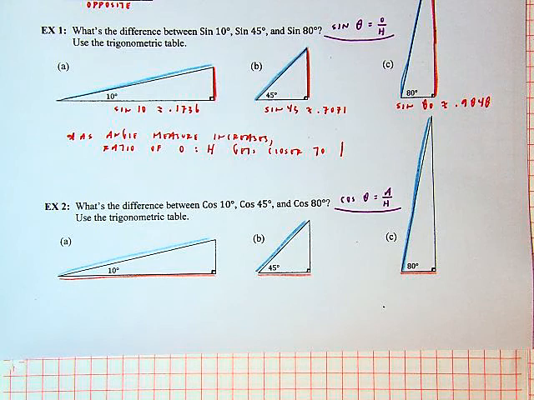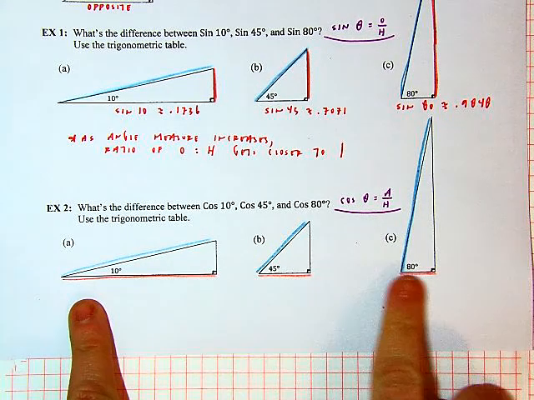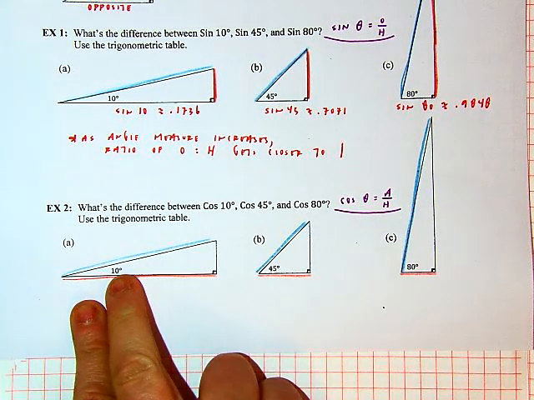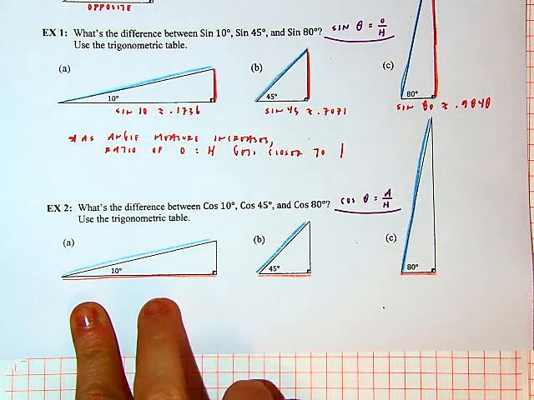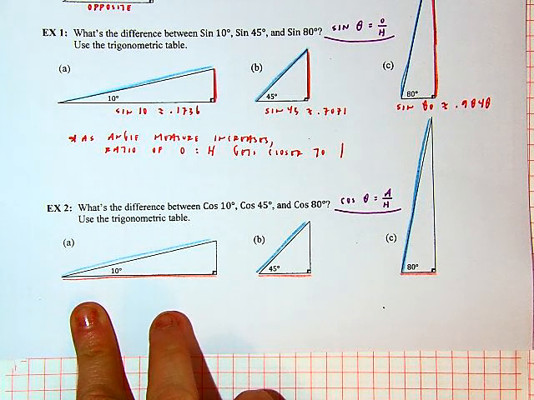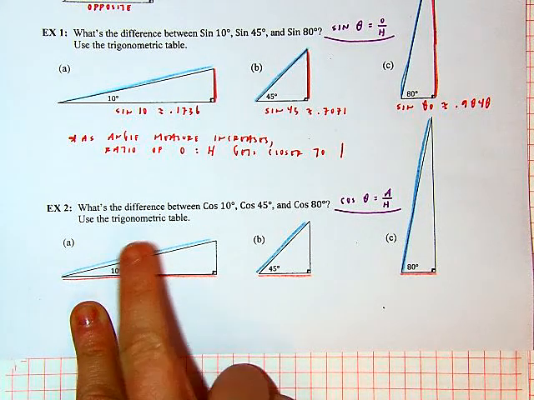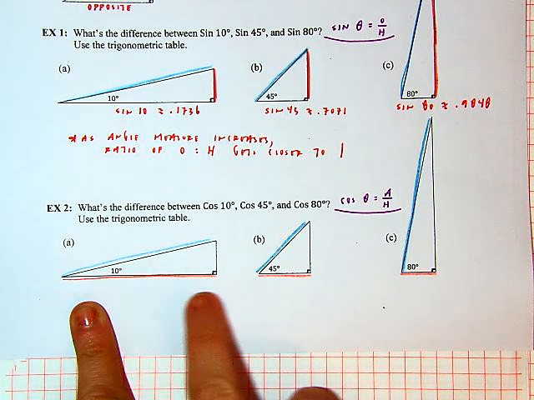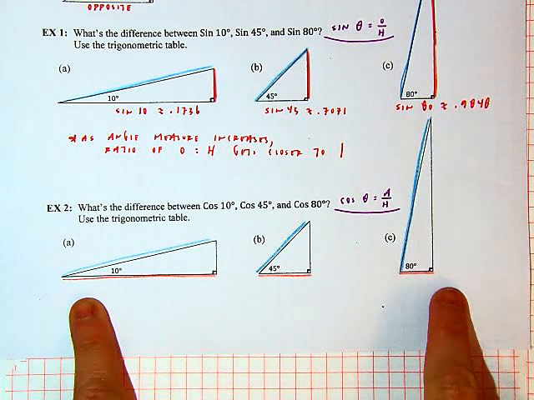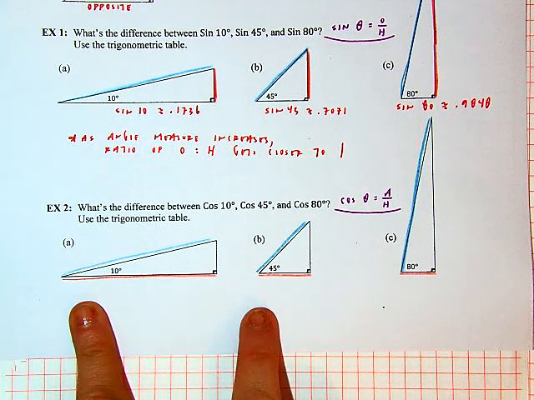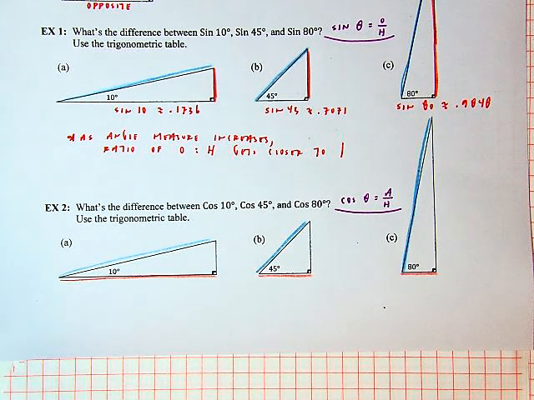So here, as our angle measure increases, we should see that the ratio of red to blue, the adjacent side to the hypotenuse, starts off closer to 1 and then it decreases, it gets closer to 0. So in cosine, we're seeing that as that angle measure increases, the ratio of adjacent to hypotenuse gets closer to 0.